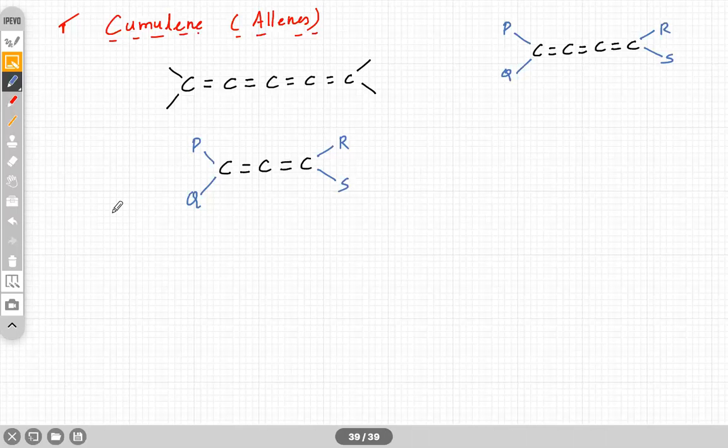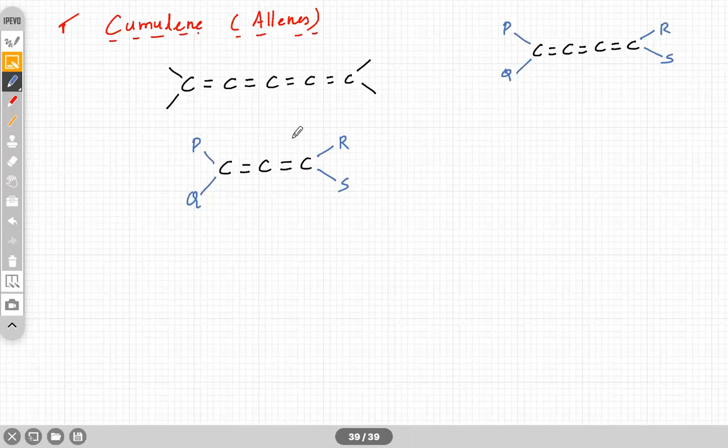We can discuss why it is non-planar, but for that you need an understanding of orbital overlap. You can consider px, py, pz orbitals here, and find out whether it will be in the xy plane or the yz plane, so it is in a perpendicular plane actually. I'm not going into the detail of the orbital overlap here.